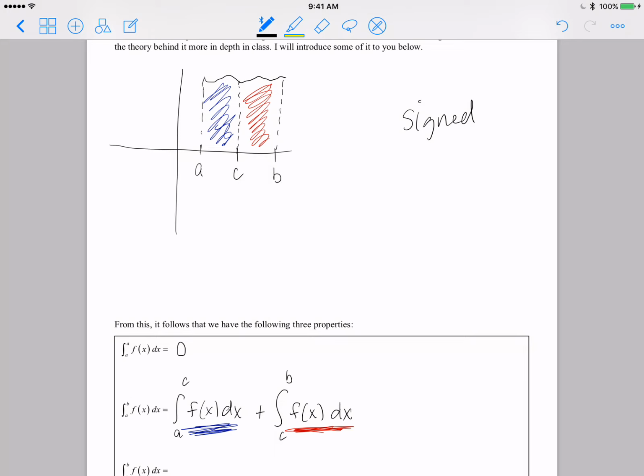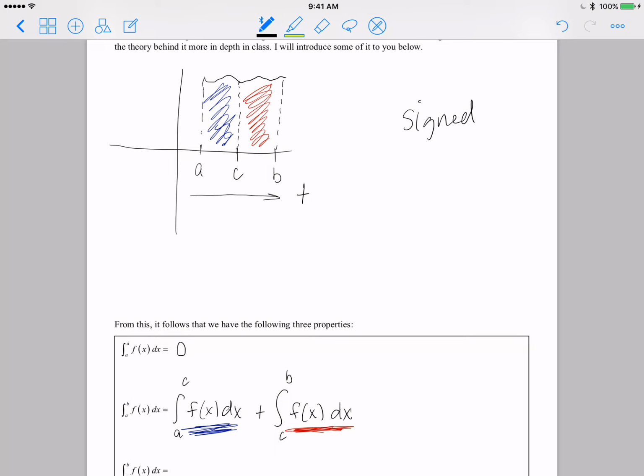Basically, if we integrate from left to right, so for instance from a to b, we consider that to be positive area as long as it's above the axis. Right now we're just talking about positive functions only. So if I integrate from left to right, that is a positive area.